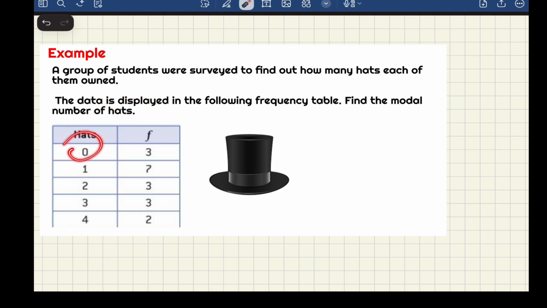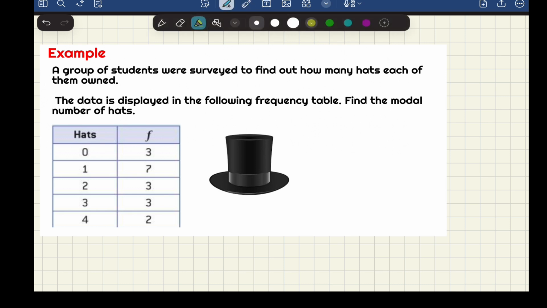So 0 hats is repeated 3 times, 1 hat 7 times. If we want to find the mode, we can check again what is the highest frequency, in this case 7. So pay attention, we can say the mode is 1 hat, because it's repeated 7 times, and that's it.